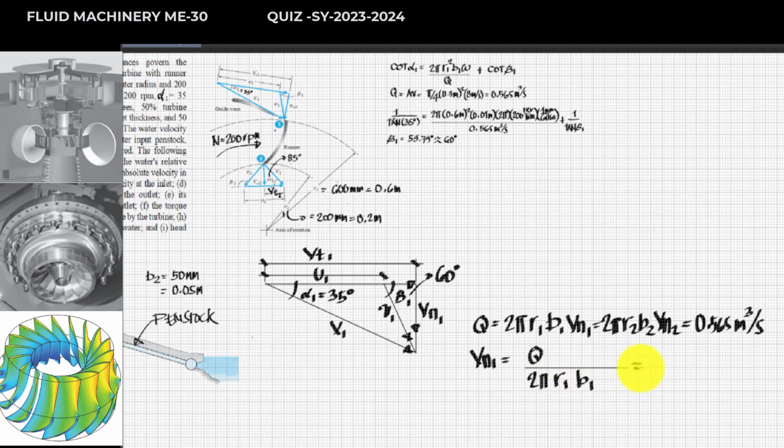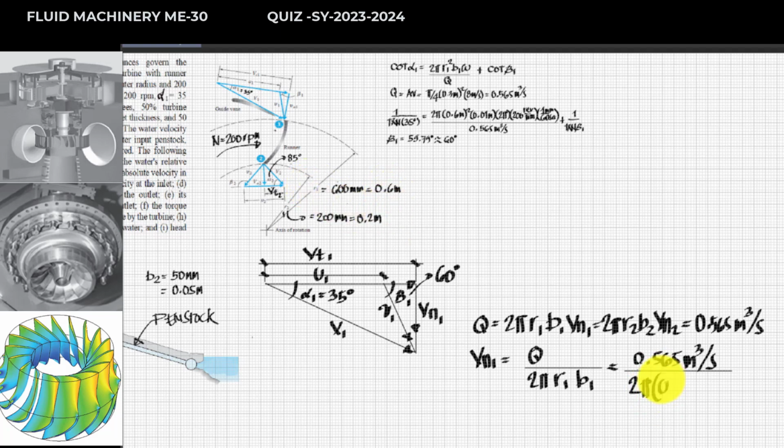You can say that this is equal to the value of 0.565, that is cubic meter per second, and this is all over divided by 2 phi times the radius 1.